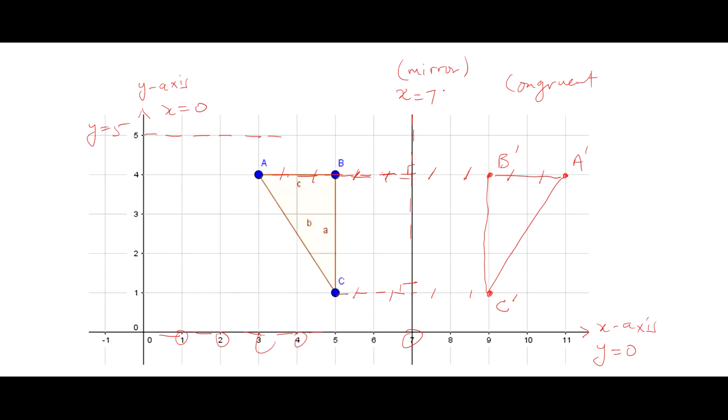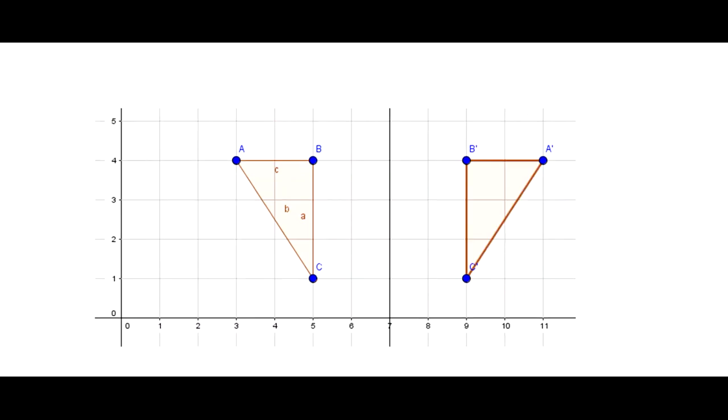If this was on a sheet of paper and you fold along the line x equal to 7, B and B prime will line up, C and C prime will line up, and A and A prime will line up. Okay, so this is the final solution here. This is our object, and this is our image, and this is our line x equal to 7.